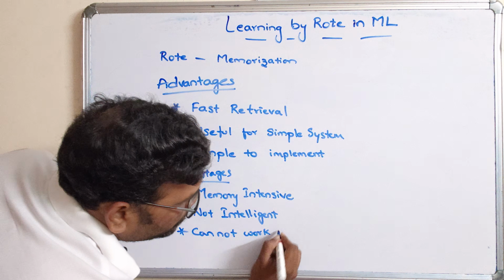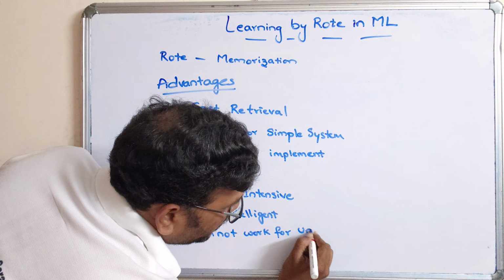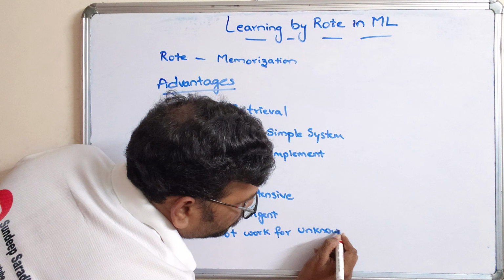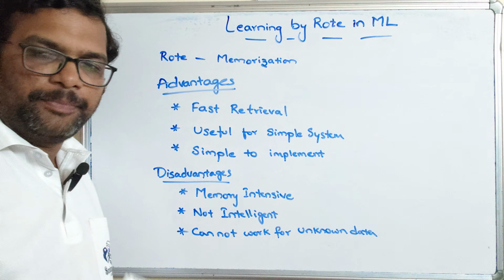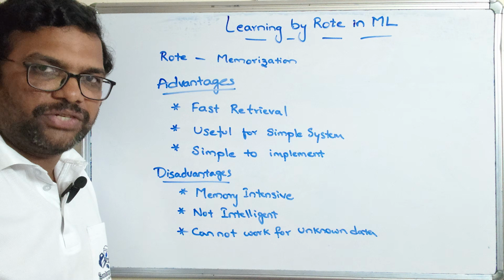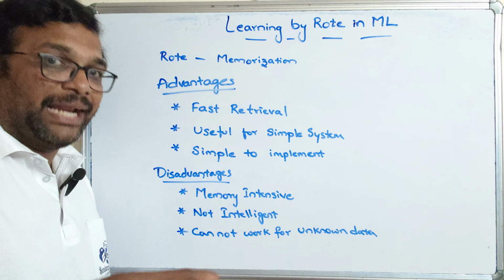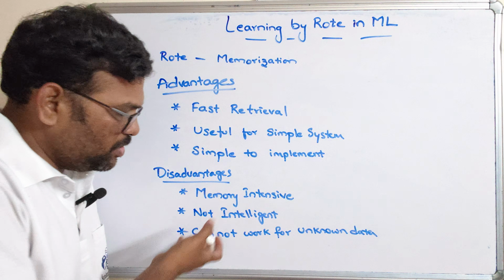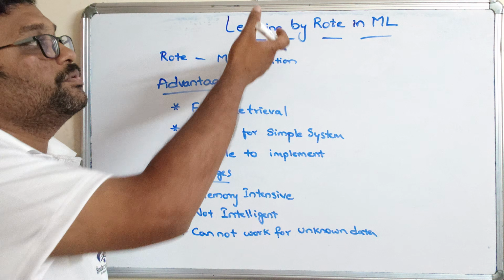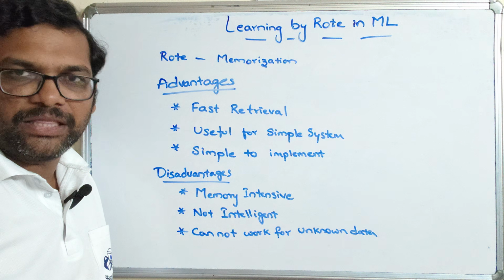Cannot work for unknown data. If the input data we give is not in the training set, automatically it can't work for that. So these are the disadvantages of this learning by rote method.